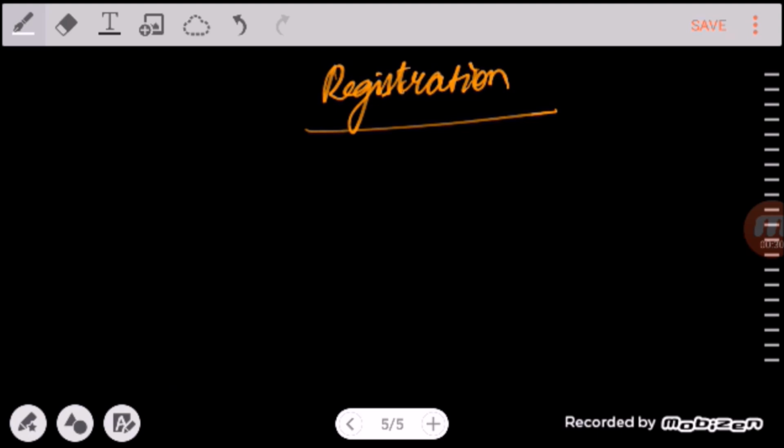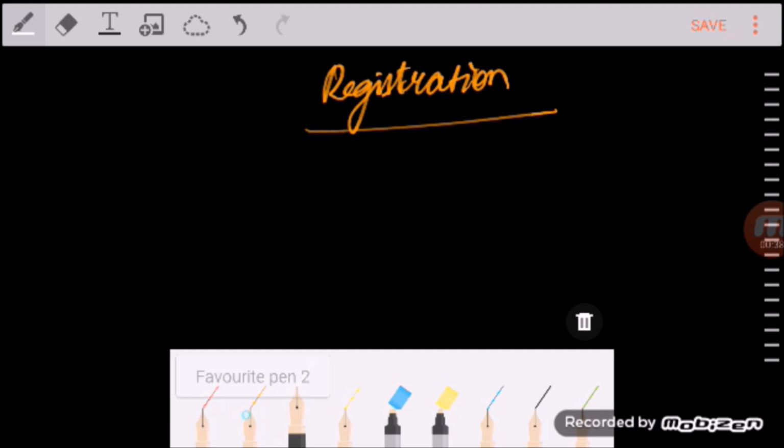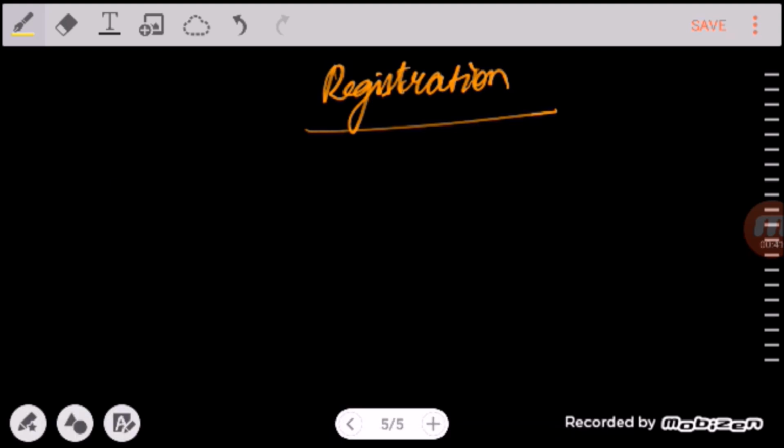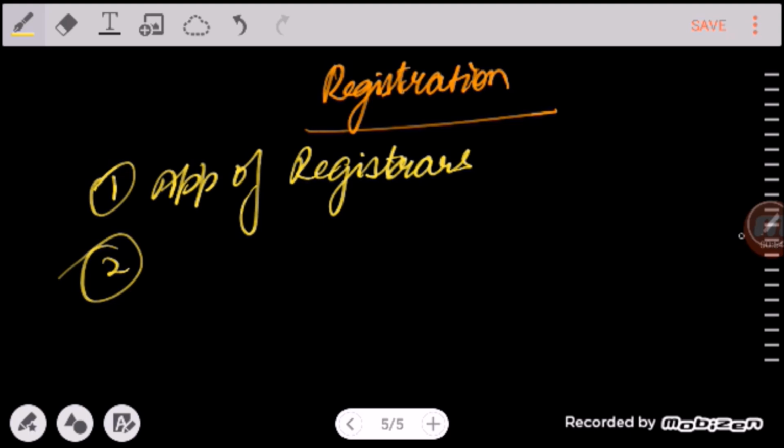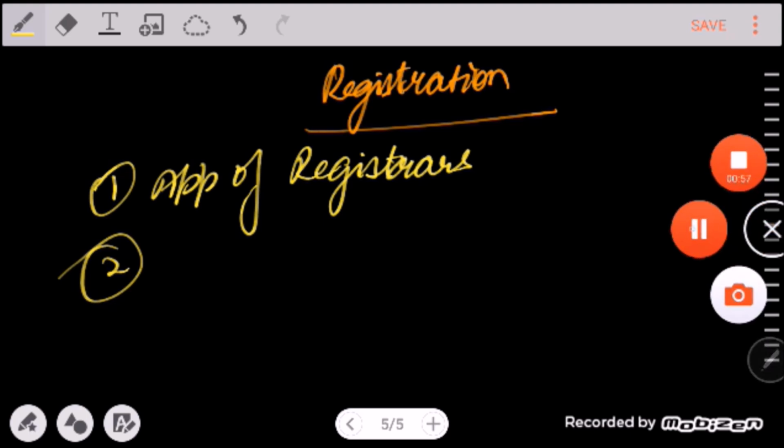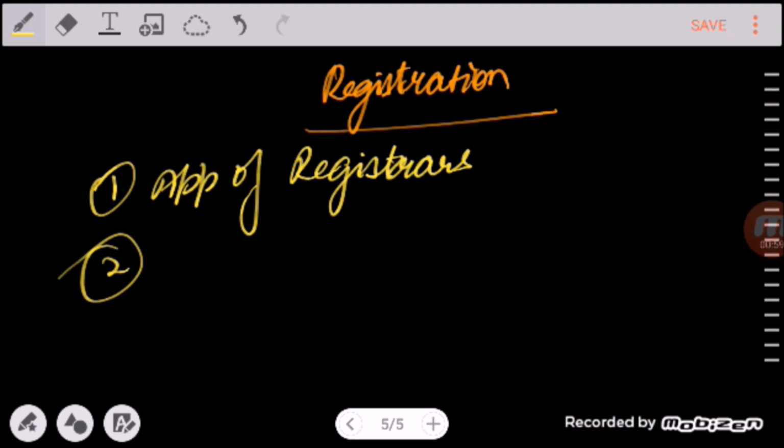First, we will split the process of registration into several steps. Number 1, we will be discussing the appointment of registrars. Number 2, powers of the registrars. Number 3, mode of registration.